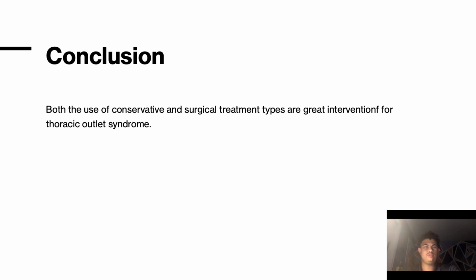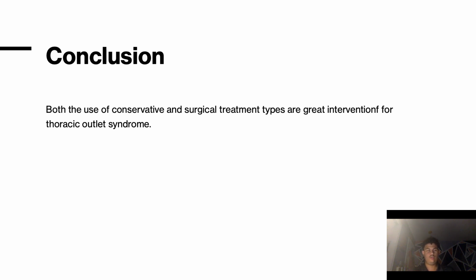So, in conclusion, both conservative and surgical treatment types are a great intervention for thoracic outlet syndrome, which is great to know as a physical therapist because when we get a patient who comes in with thoracic outlet syndrome, we know that we can treat them from an acute standpoint.